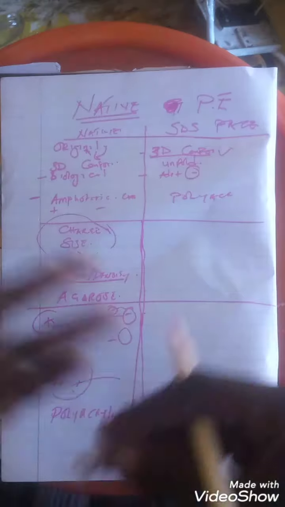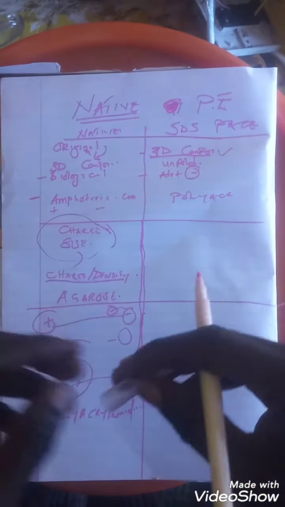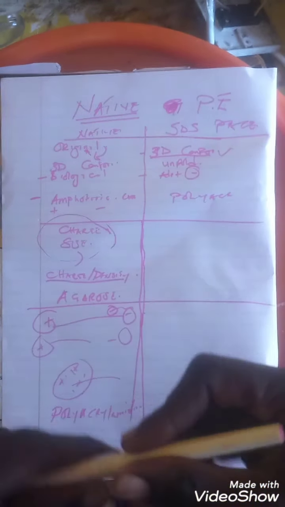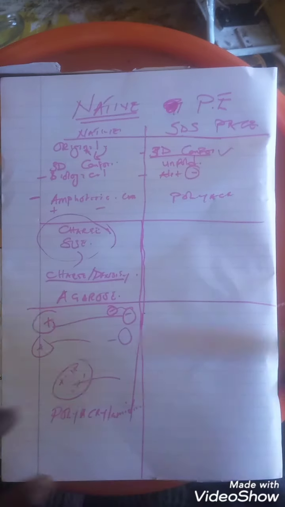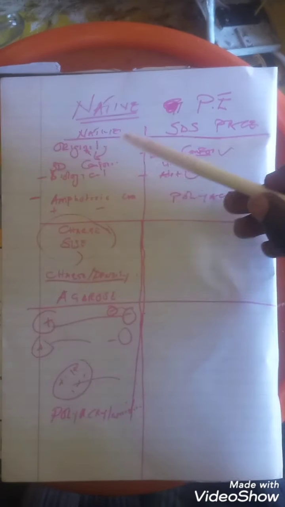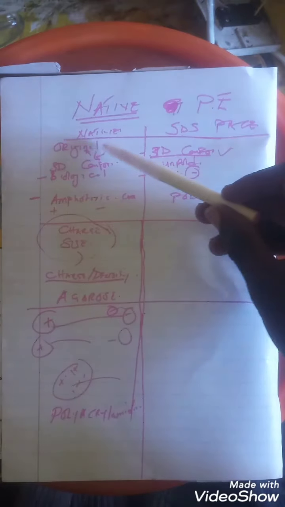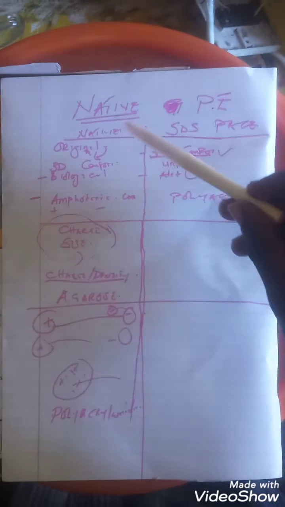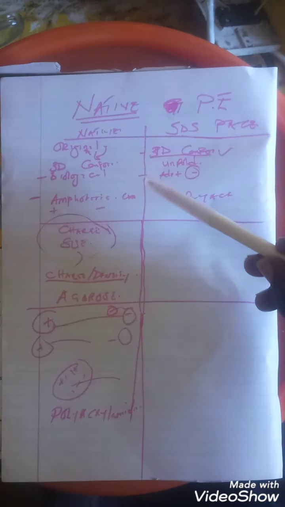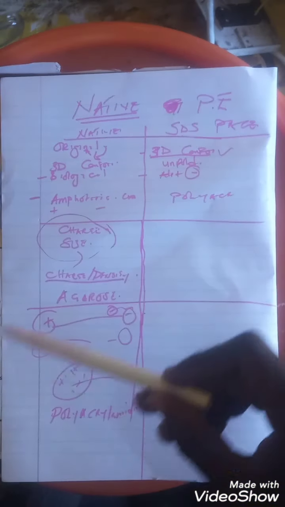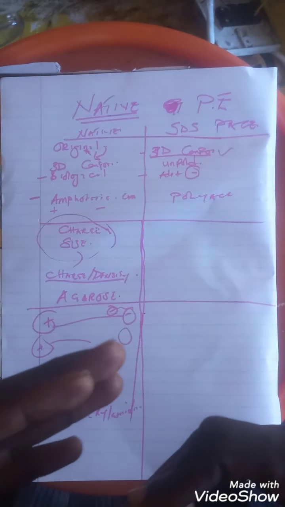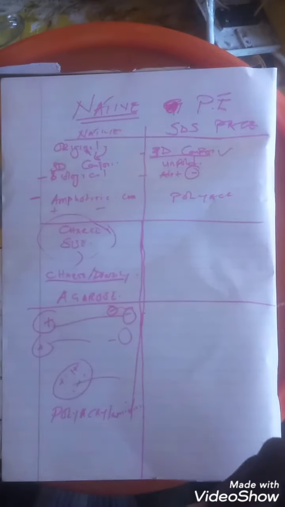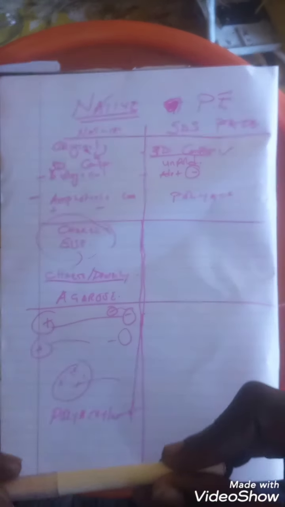So that's that on native protein electrophoresis. The basic concept is that separation of protein is done in their original form. They maintain their 3D conformation, hence maintaining their catalytic functions because they're not denatured, unlike in SDS-PAGE.